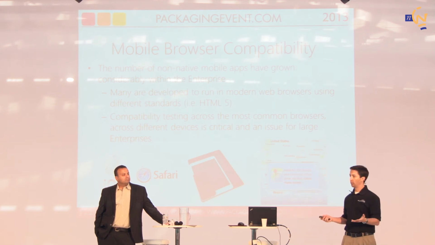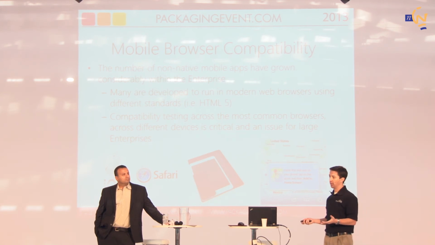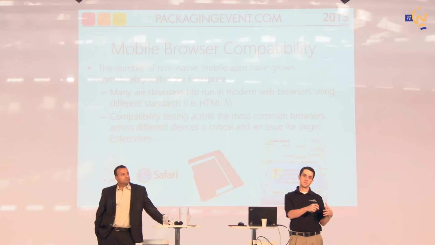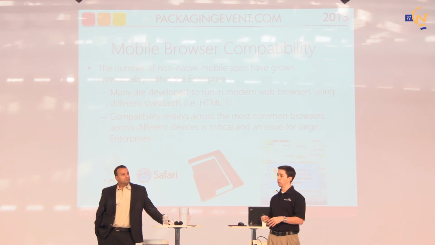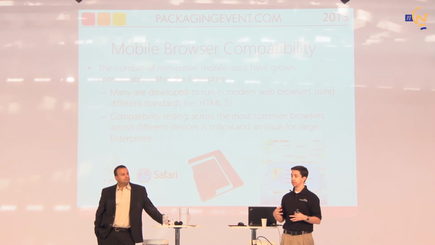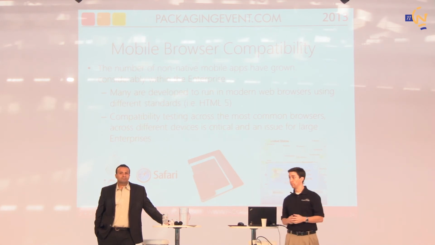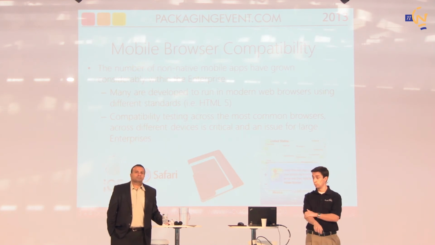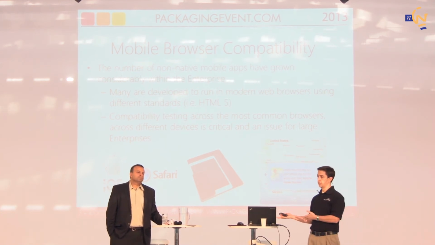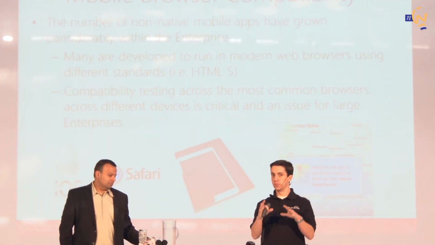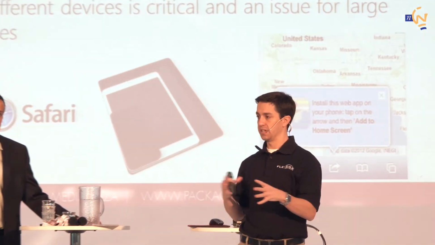But there are a lot of people building these browser-based applications because it gives them much more flexibility. They don't have to have the internal staff that know the Apple SDKs, for example. They can just know HTML5 and code for a mobile form factor. But it presents compatibility challenges. As we heard earlier with IE, these different form factors have to be tested in different ways.